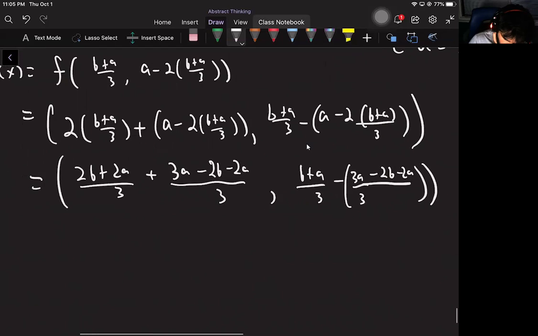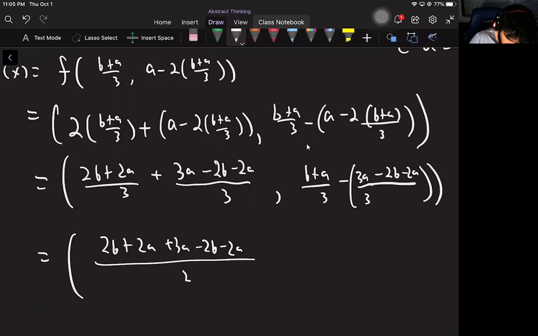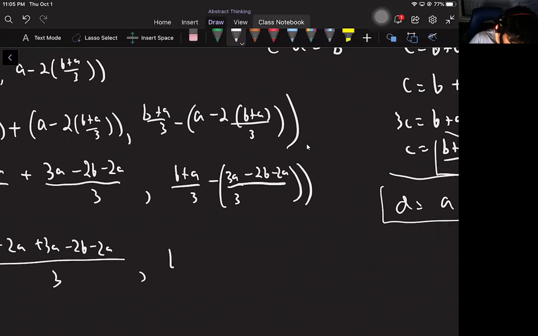You could do this algebra however you want. Doing algebra in front of people is embarrassing. Don't judge me. Okay, so let's see, 2b plus 2a plus 3a minus 2b minus 2a, over 3. Looks good so far, I think. And for the second coordinate: b plus a minus 3a, distributing that negative through, plus 2b plus 2a over 3.